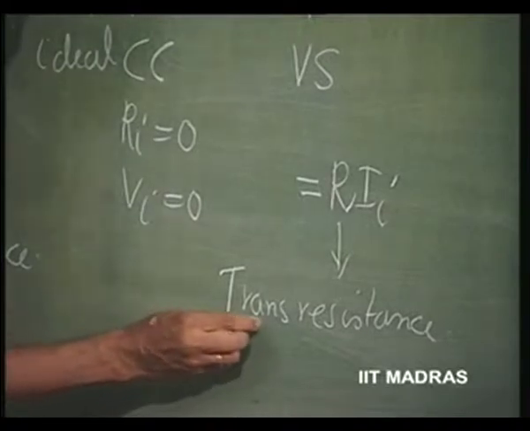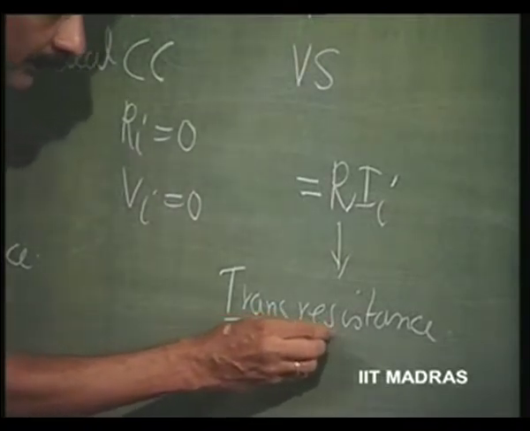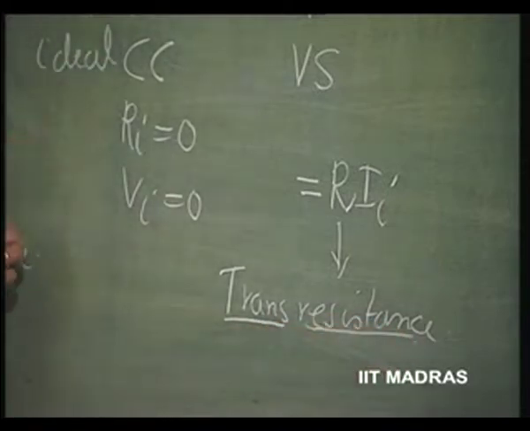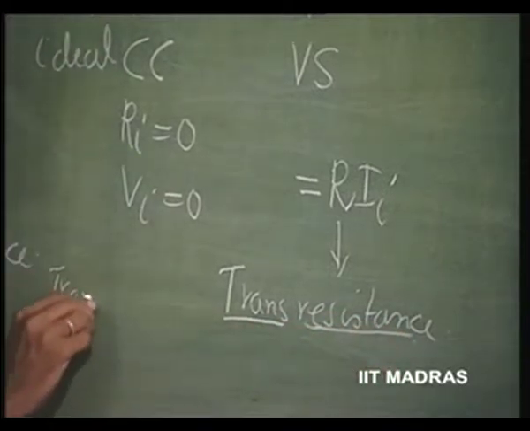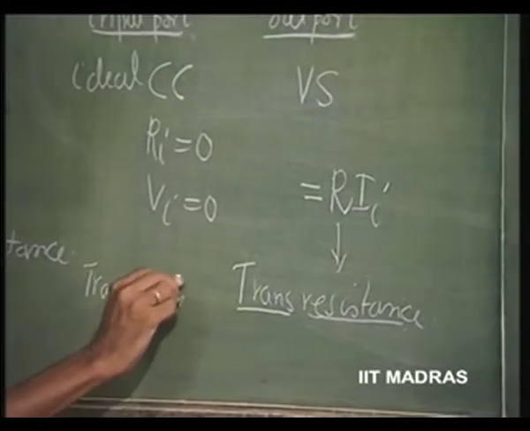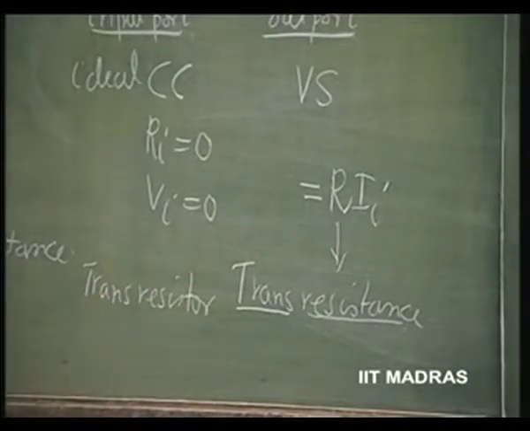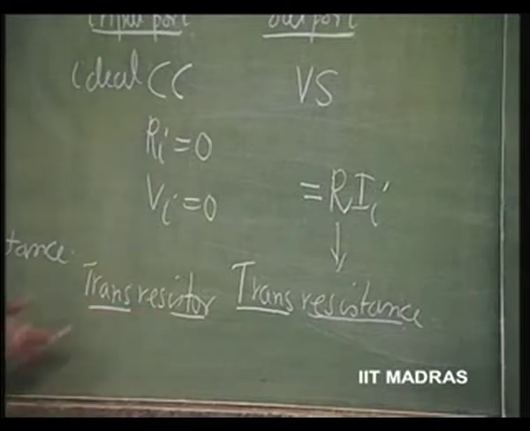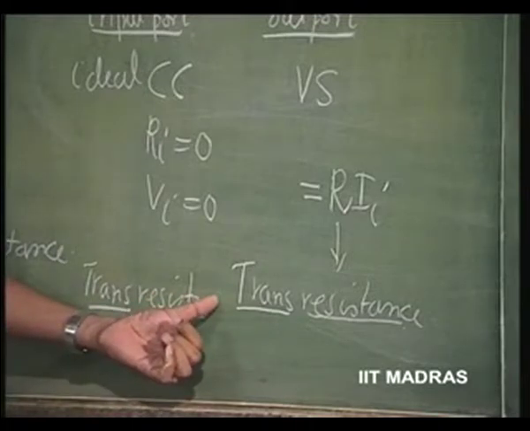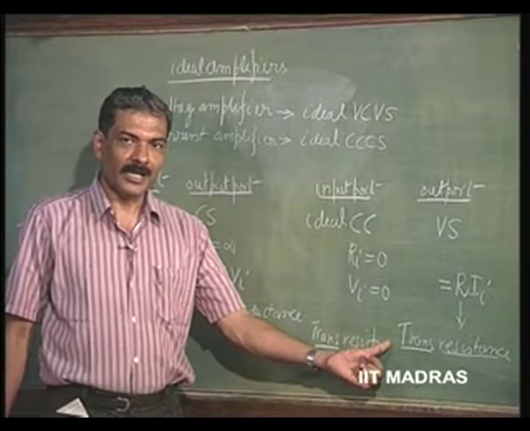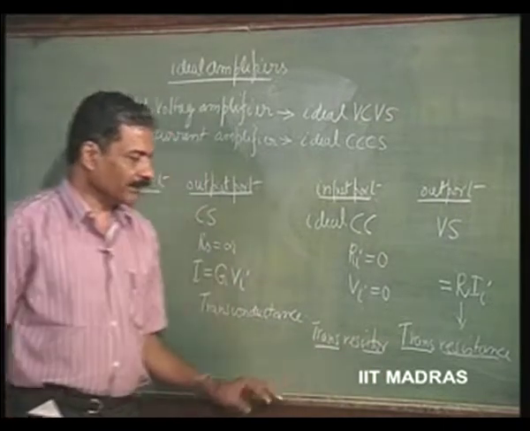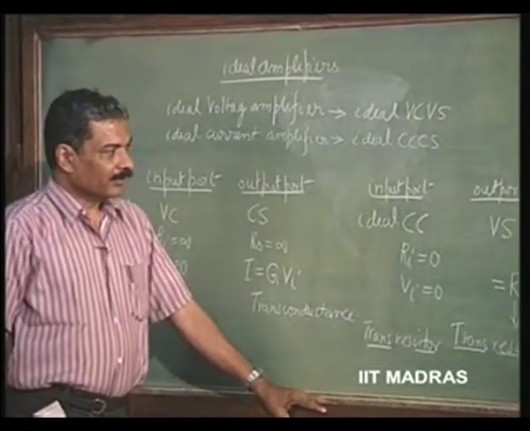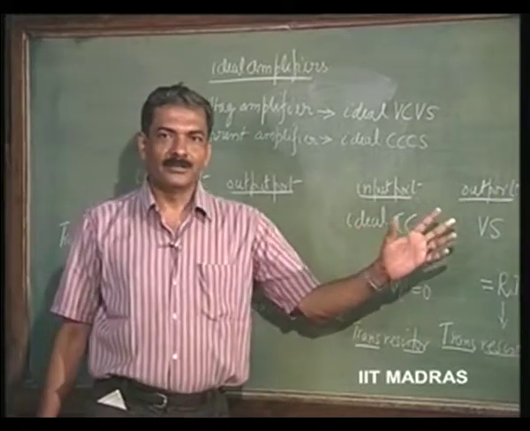Just see, this whole thing is called a transresistor amplifier as against a transconductor. So, transresistor, you have an abbreviation: transistor. That is how transistor derives its name, but it is really not an ideal current controlled voltage source.